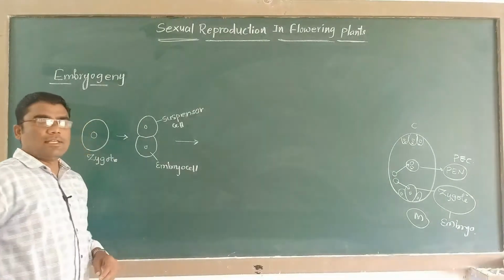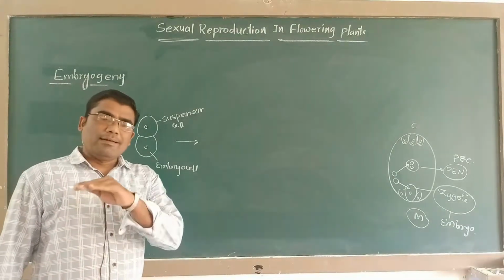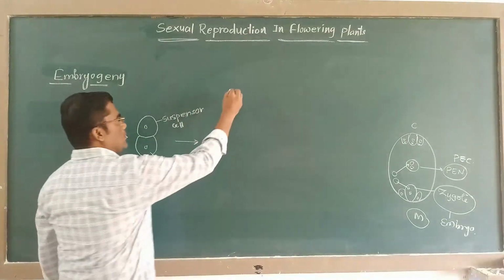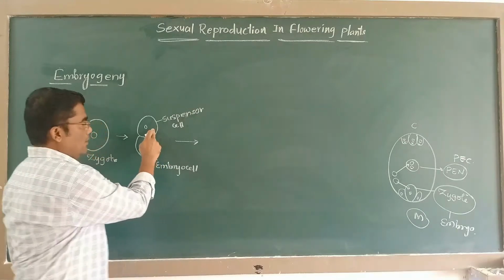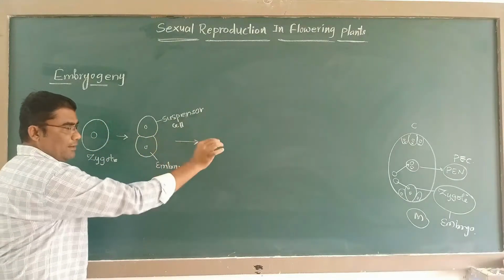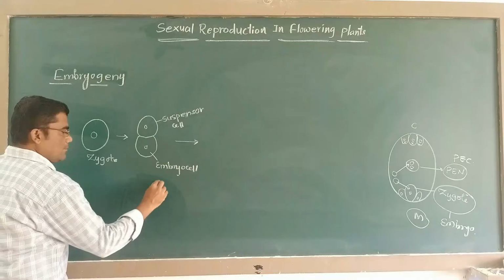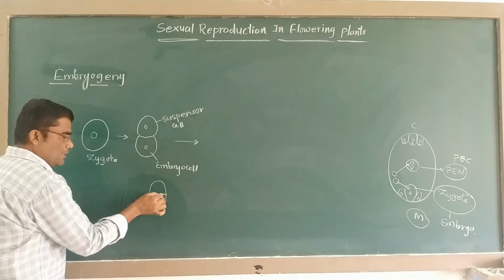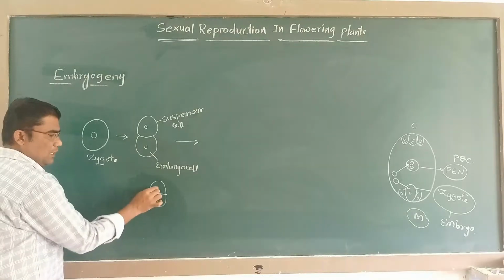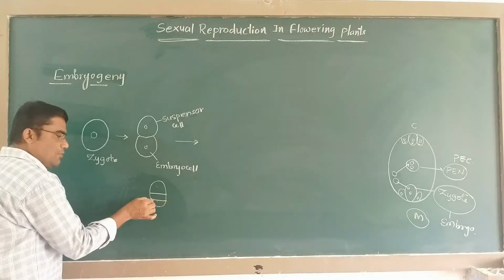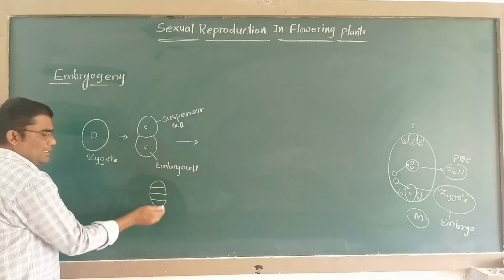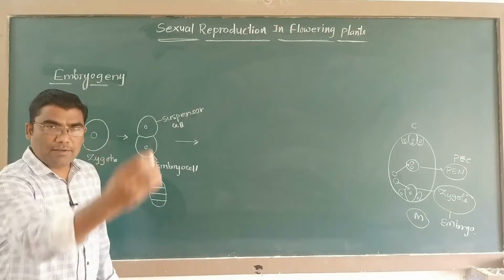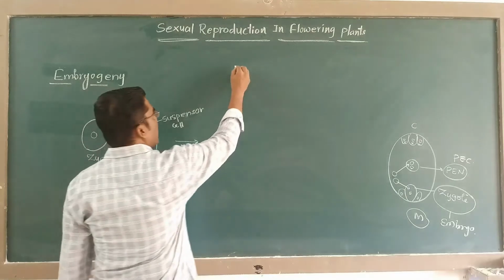See, this suspensor cell divides transversely and produces a series of 5 to 6 cells. Say this is the suspensor cell. This suspensor cell divides transversely, produces two cells. Further these two cells divide transversely. So like this, because of transverse divisions, there is a formation of a series of 5 to 6 cells, and these cells are arranged like this.